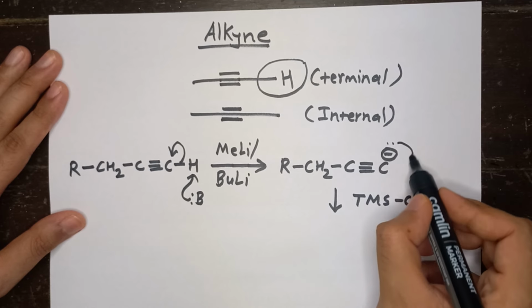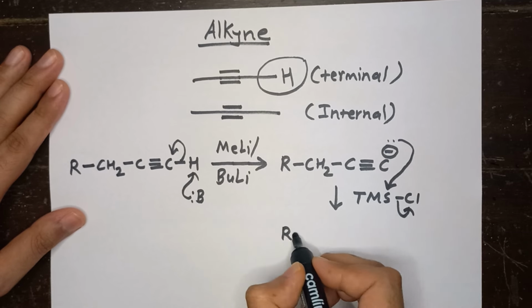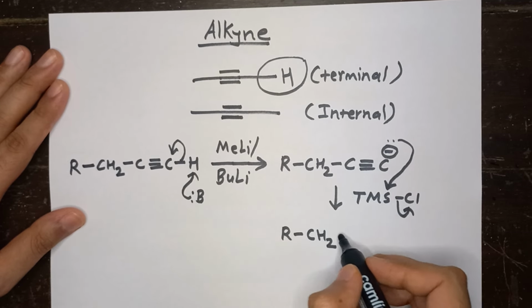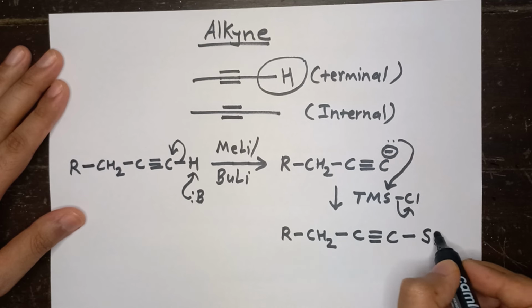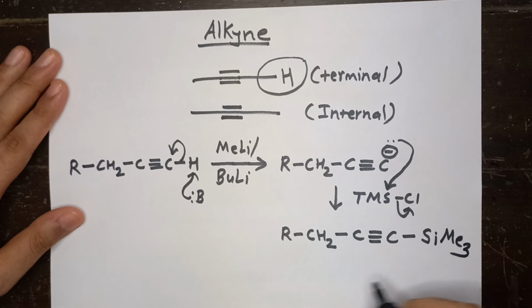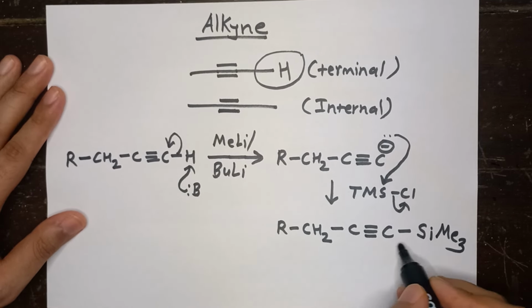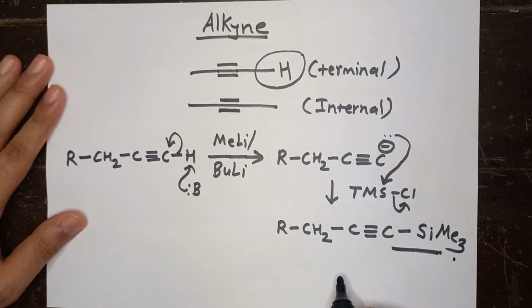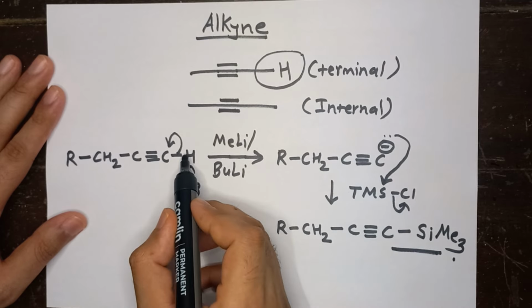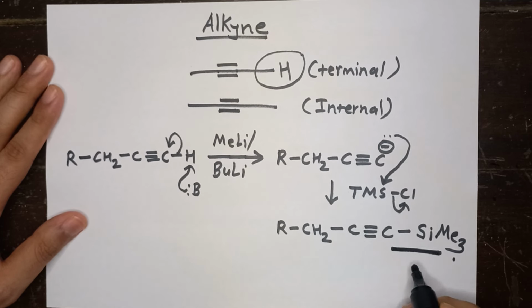So this carbon will attack at silyl, will eliminate chloride, and this will give me RCH2 C triple bond C TMS, that is nothing but SiMe3. Well, we protected the alkyne with SiMe3. So this is the protection. This is how you can protect your terminal alkyne. First, grab this proton. Second, react it with any silyl chloride, and this is how you protect it.